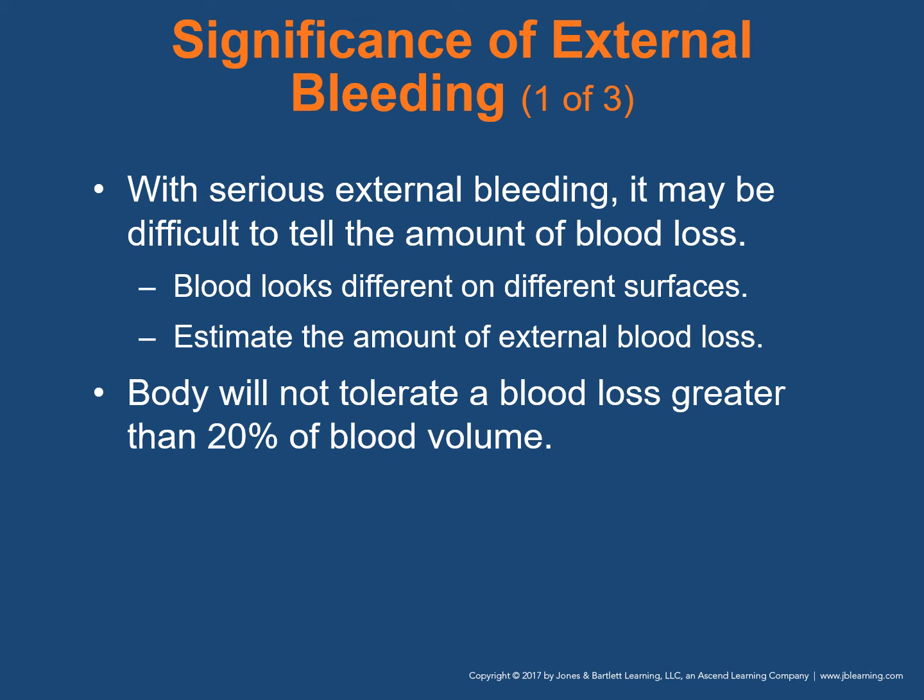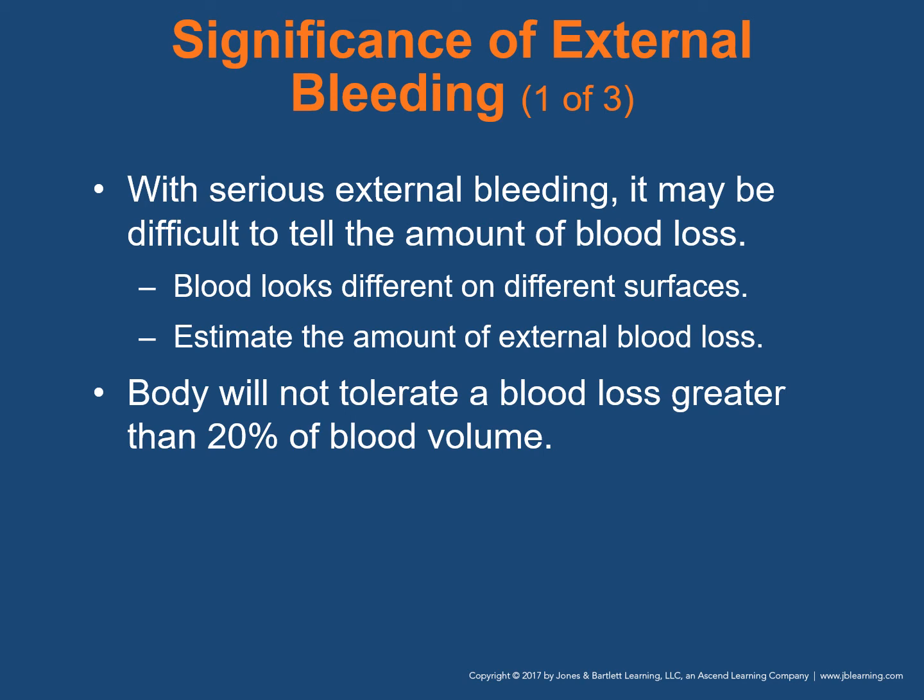And you have to begin to understand what a major bleed looks like. You have to recognize that a patient who has been bleeding onto a carpet may look like they've lost less blood than the exact same patient who is bleeding on a linoleum floor. And that's because, of course, blood's going to look different on different surfaces.